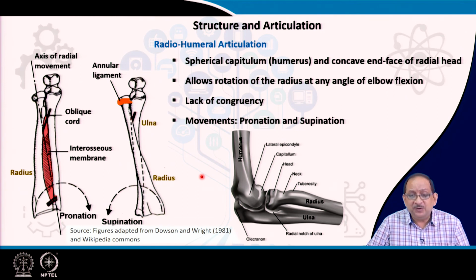However, this articulation lacks congruency in the structure. The movements offered by this articulation are pronation and supination. The movements of moving the palm outward and inward as discussed earlier.